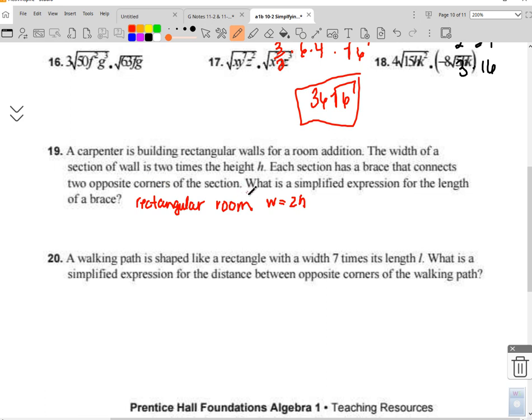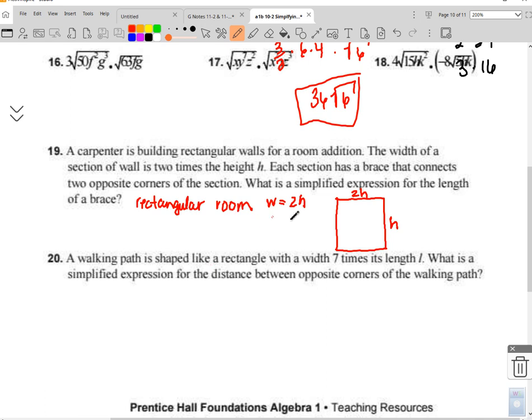What is a simplified expression for the length of a brace? Rectangular walls. The width is 2 times the height. So, height and width. Does that make sense?